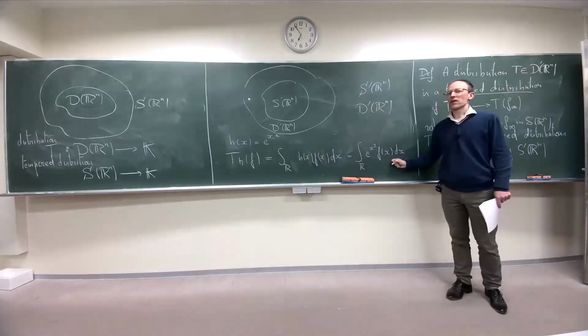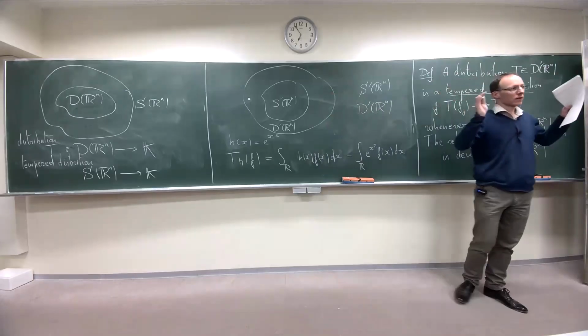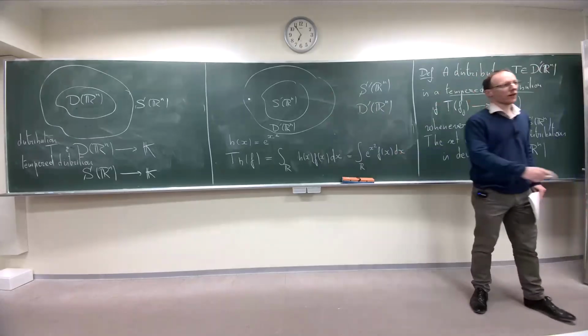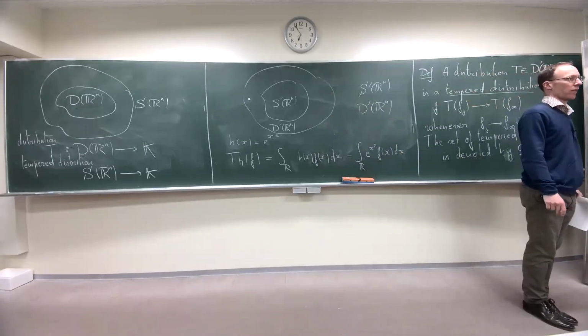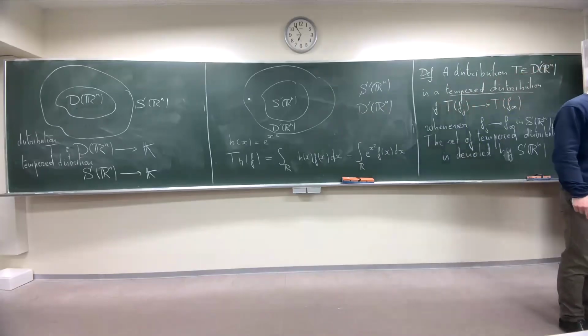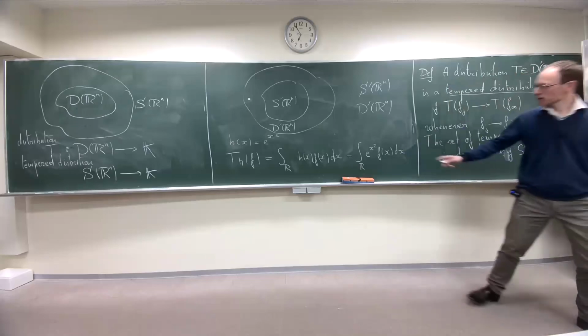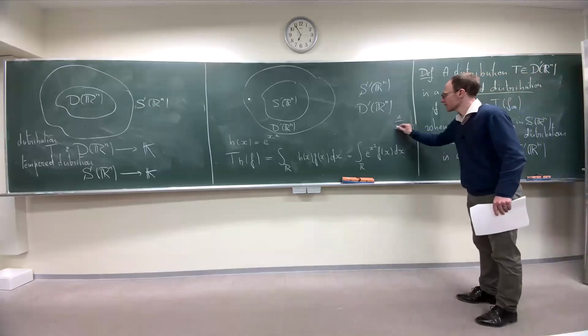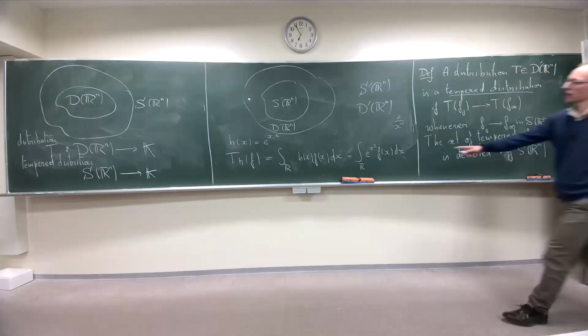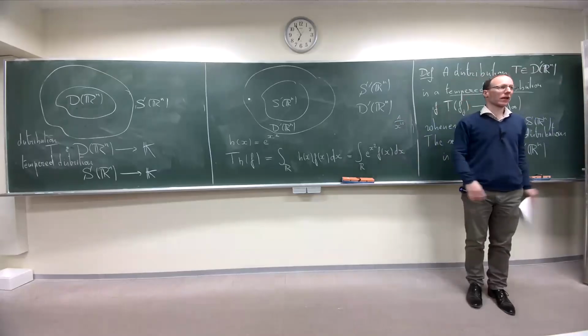If f is a test function, so if it has bounded support, you can always define this, no problem. Now, if f decays faster than a polynomial, so at infinity it goes like 1 over x^26, faster than any polynomial, can you define this integral? No, because this is going exponentially.